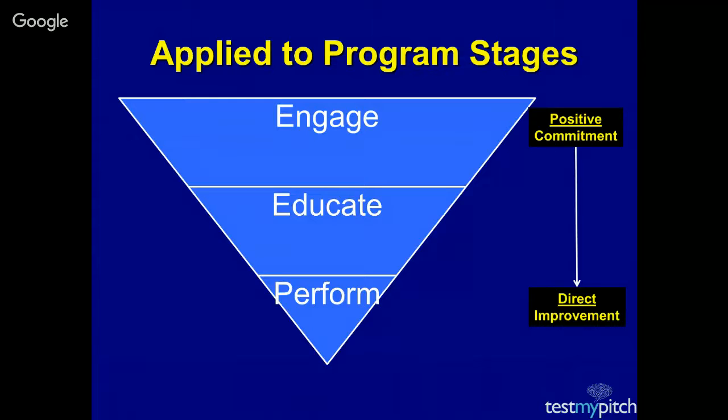It's going to move from, say, 90% focused on being positive and focusing on commitment and 10% on being direct and improvement, to being, say, 90% focused on being direct and focused on improvement in the performance stage, and 10% focused on garnering commitment at that later stage. And so again, you're going to slide this scale a bit as you evolve through these stages.